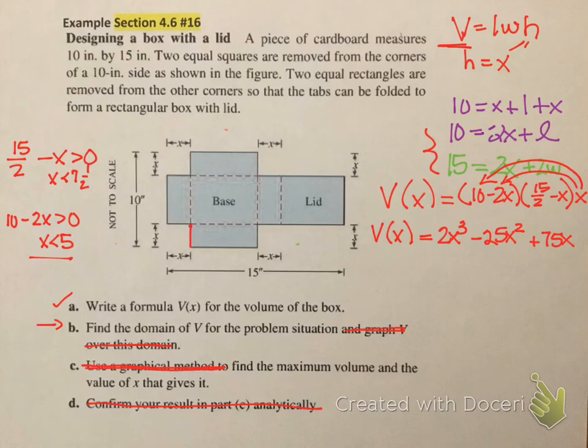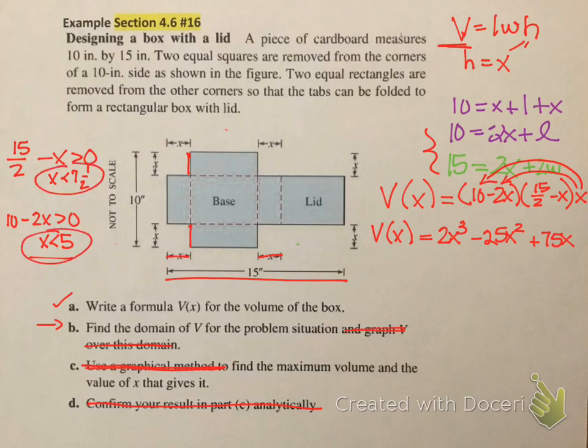If I cut out from this 10-inch side 5 inches from that side and 5 inches from this side, guess what? I have no box. And the same thing here. If I am cutting out on this 15-inch side, 7.5 inches here and 7.5 inches here, there is no box.